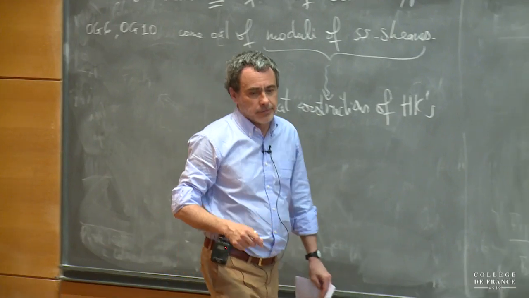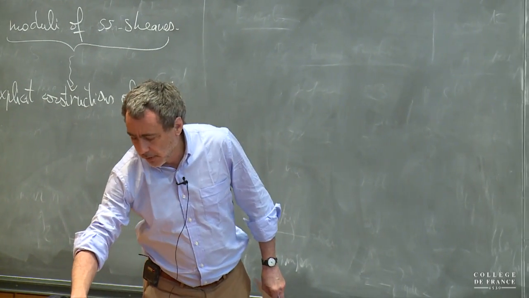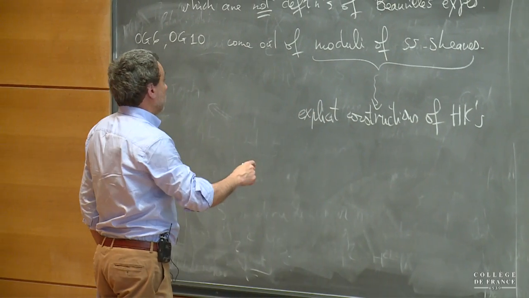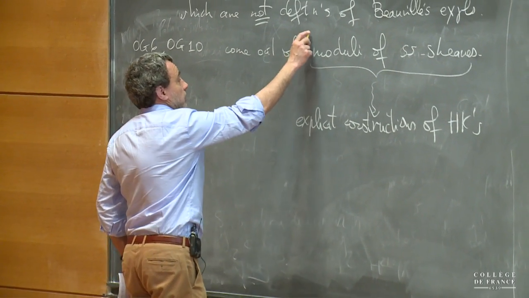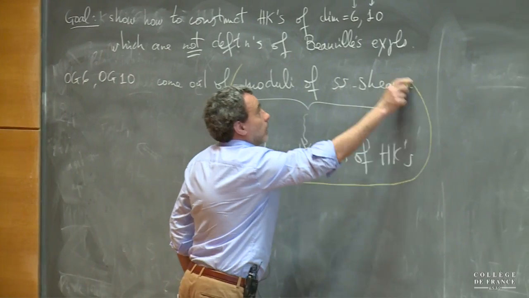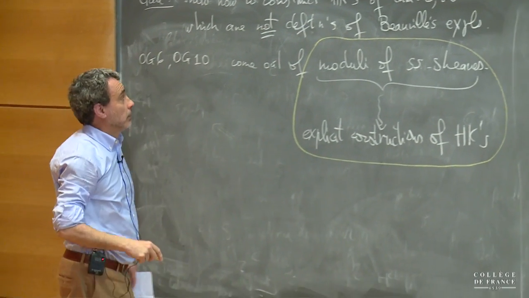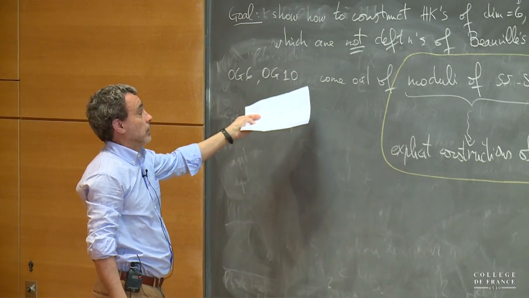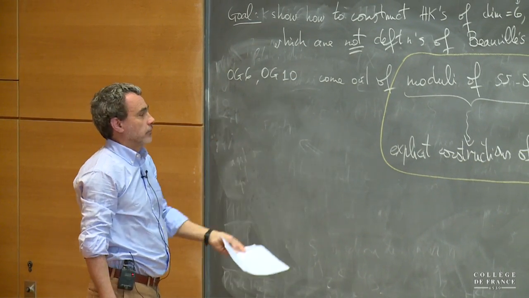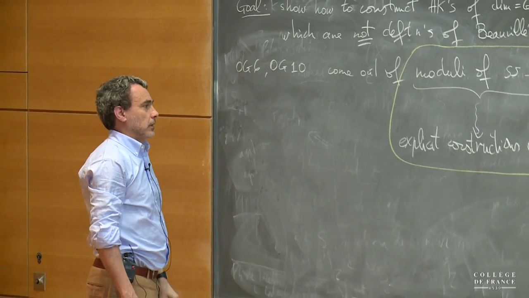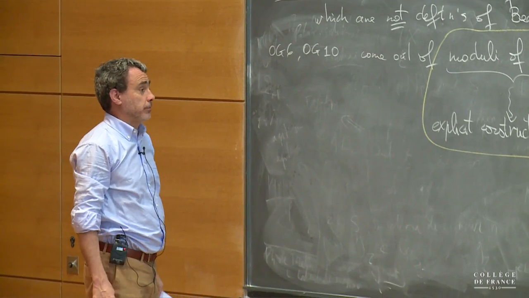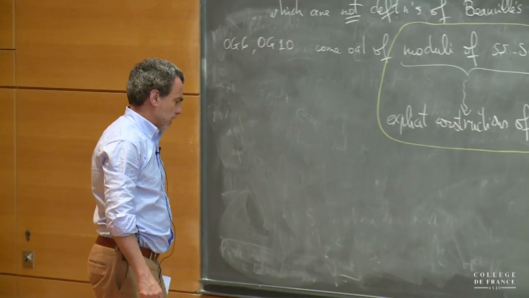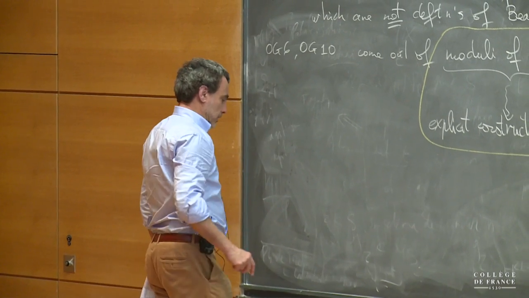So I think I'll spend most of the time explaining this general construction. I won't have a lot of time to explain the details of these particular ones, but I think it's more appropriate for people who are not familiar with these constructions to explain these.